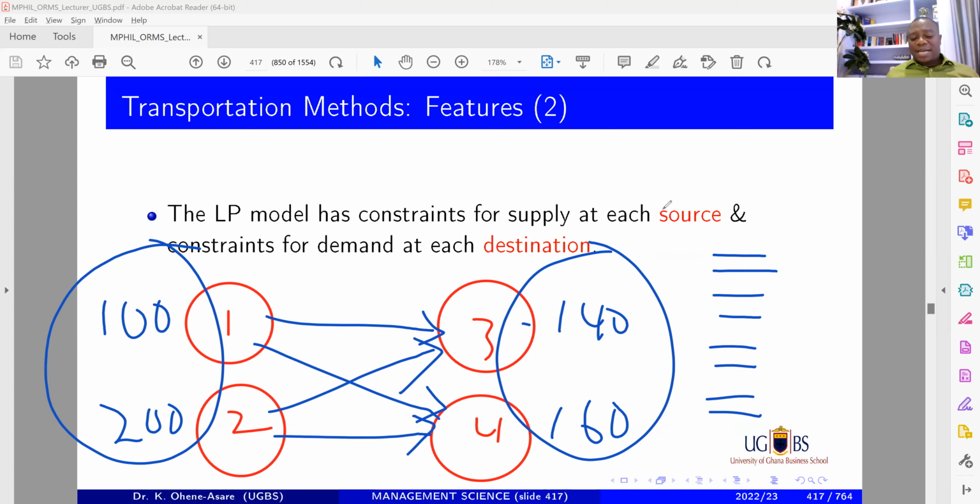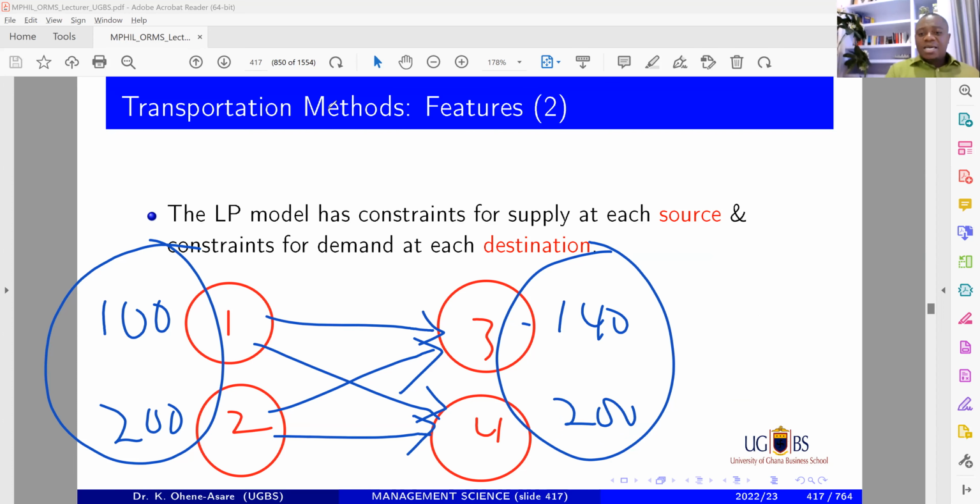What if we don't have a balanced transportation model? What if the total amount being sent here is, say, 200? Then you know that the total demand is going to be 340. And of course, the total supply is going to be 300.